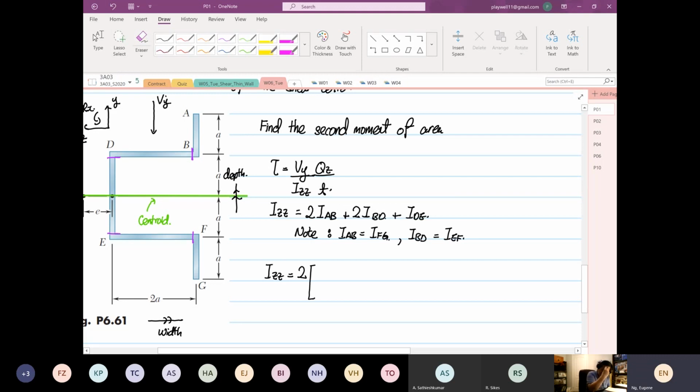So for AB, the width is T, the depth is A cubed over 12, plus the area, which is T times A, and the offset distance of the individual section. The individual section is over here, right? The distance from here to here is A over 2, and then you add another A, so it's equal to 3 over 2 A squared.